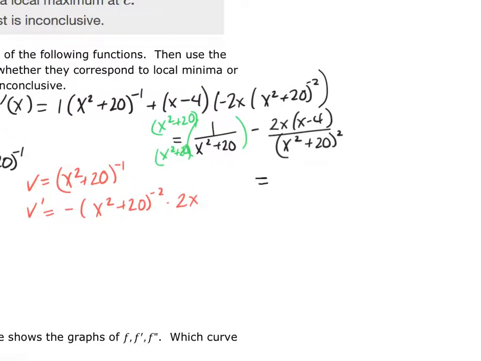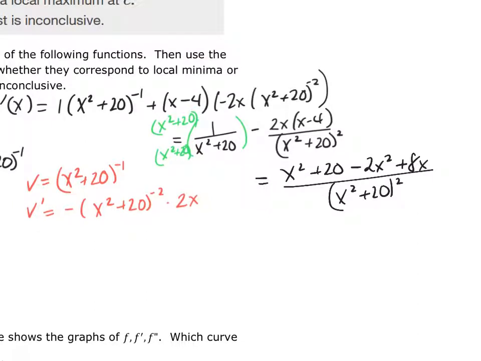So I end up with x squared plus 20 minus, and I'm going to distribute that negative 2x through, so it's minus 2x squared plus 8x, over x squared plus 20, the quantity squared. So I end up with negative x squared plus 8x plus 20 all over x squared plus 20, the quantity squared.